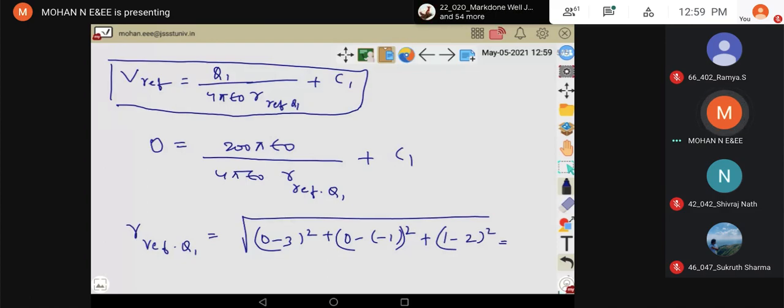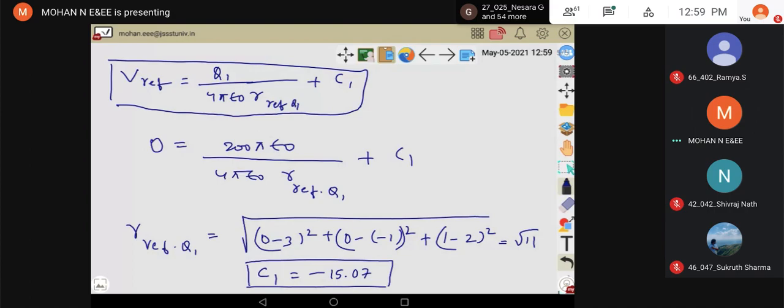So this is nothing but root 11. Now if you substitute this in the above equation and solve for the constant, that constant turns out to be minus 15.07. So this is the constant to be evaluated because your reference is not at infinity. Instead, it is at 0 comma 0 comma 1.